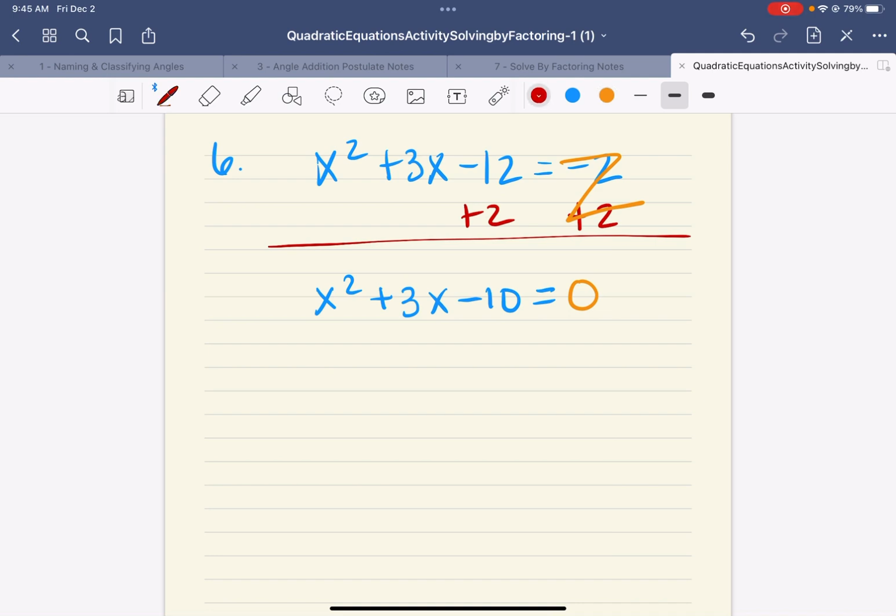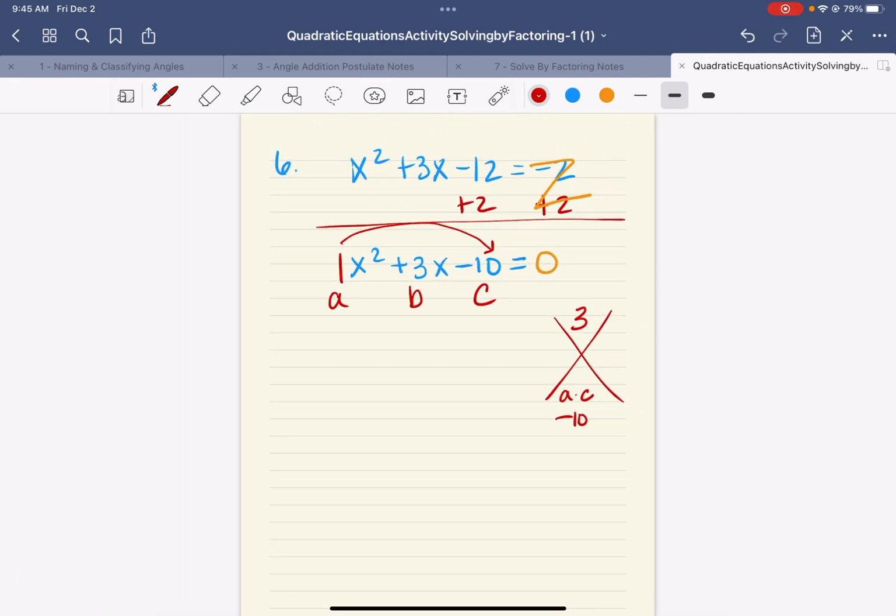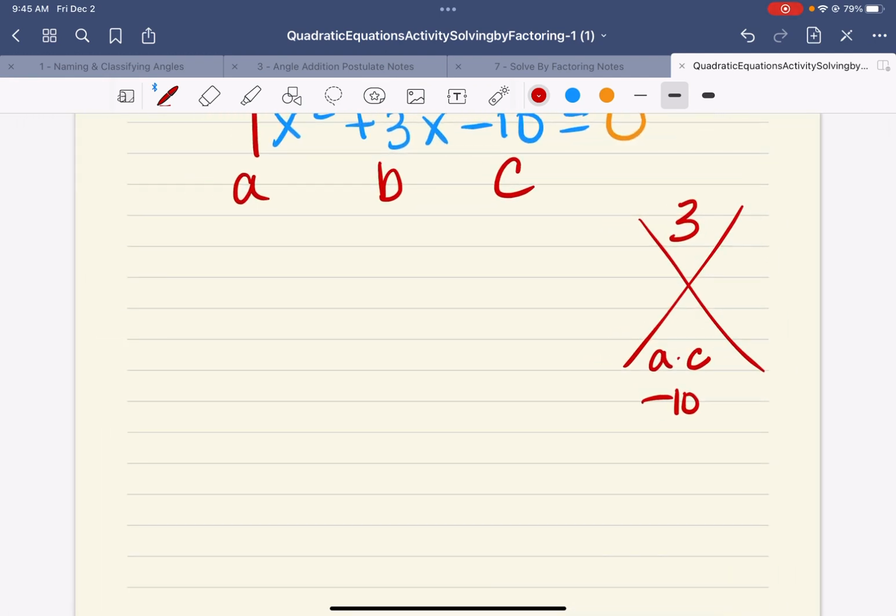And now you factor just like we were before. Make your cross puzzle. Identify your A, B, and C. So B is 3. A times C, that'd be negative 10. And then go through your factors. Our factors would be 1 and negative 10, or negative 1 and 10. That's not going to give us 3.